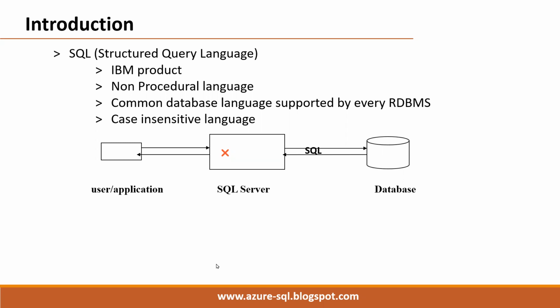Physically in a database, data is stored in the form of files. We'll see again that we have data files and transaction log files. Later we'll see architecture. Then logically, data is there in the form of tables.